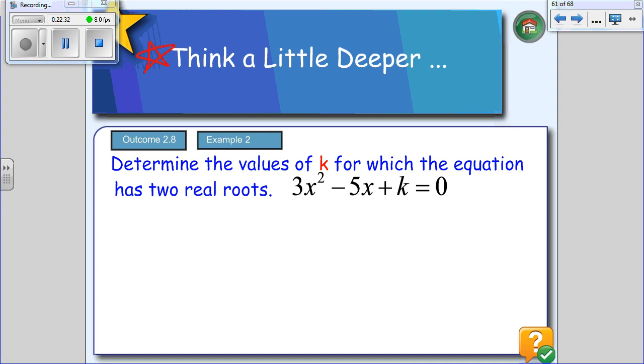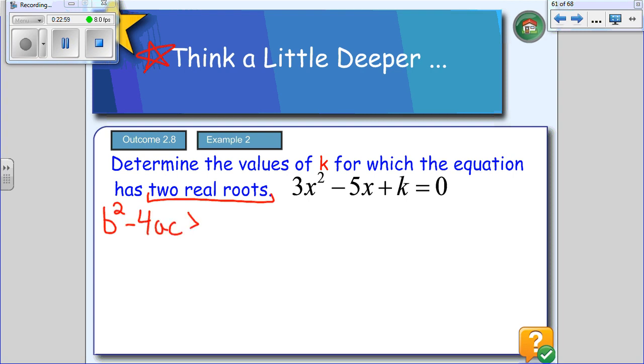It says, determine the values of k for which the equation has two real roots. What does that mean, two real roots? It means the discriminant is positive. They just gave you something without actually giving it to you. So they're saying they want this to happen. Right? That's what that means.